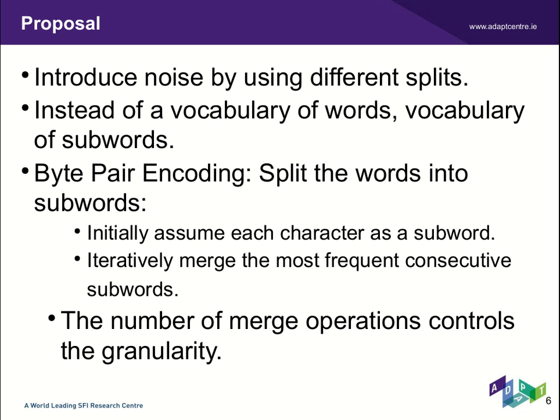This proceeds by initially assuming that each character is a subword, and then iteratively the subwords that are consecutive more frequently are merged together into a new subword. So this process of merging the most frequent subword is done iteratively until a certain number of merge operations. So somehow this number of merge operations controls the granularity of splitting the word.